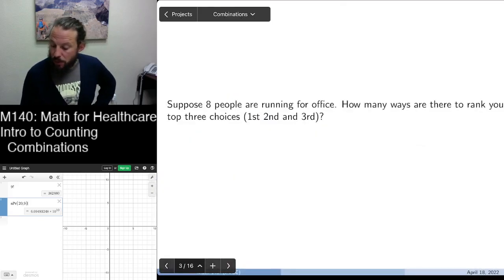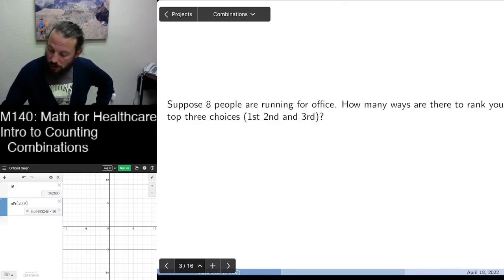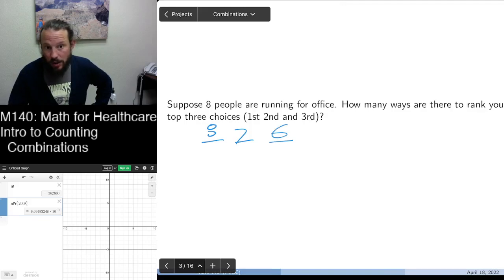Next up, suppose we have 8 people running for office. How many ways are there to rank your top 3 choices? Well, we've got 8 ways to choose the first person, 7 to choose the second, and 6 to choose the third. And notice here, Andy, Bill, Cindy is different than Bill, Andy, Cindy. That's 2 different things.